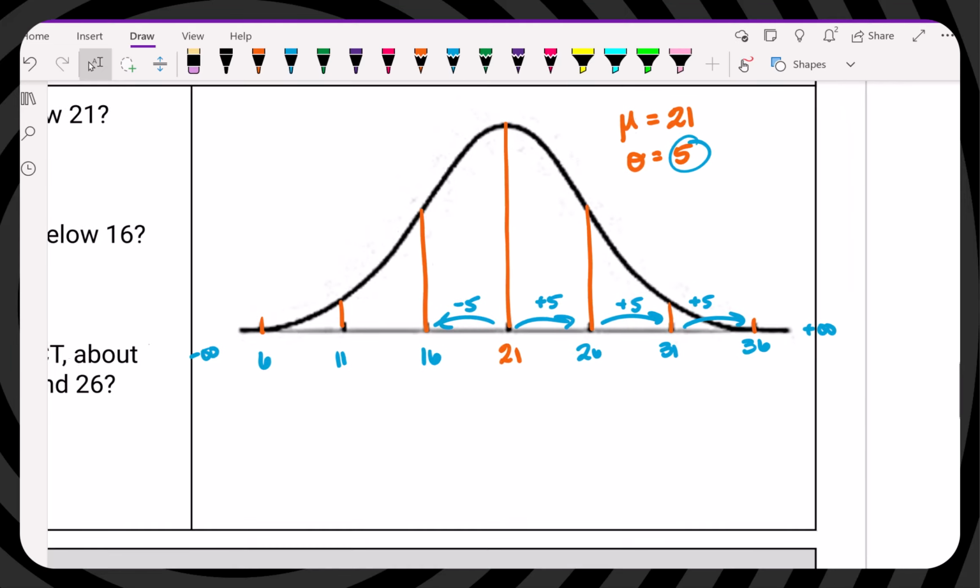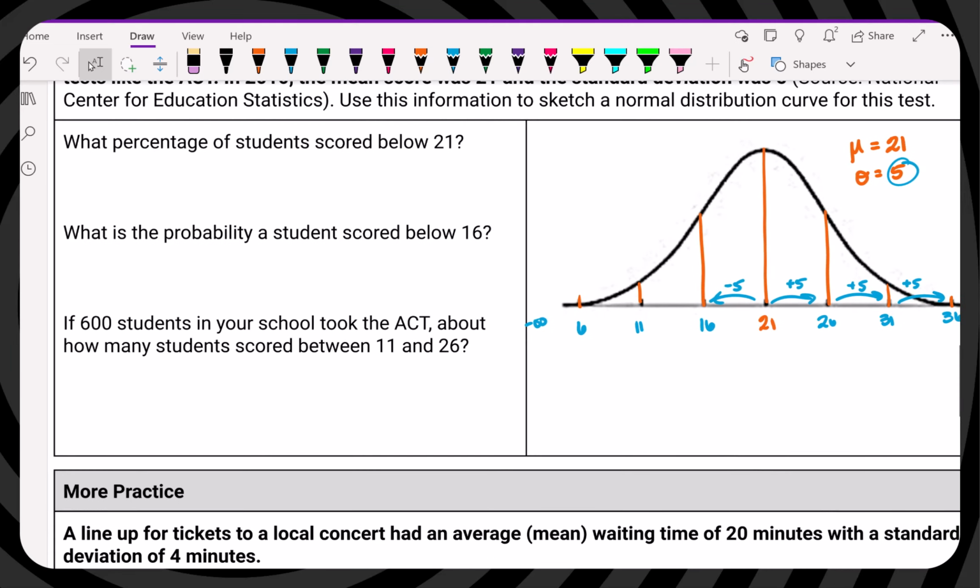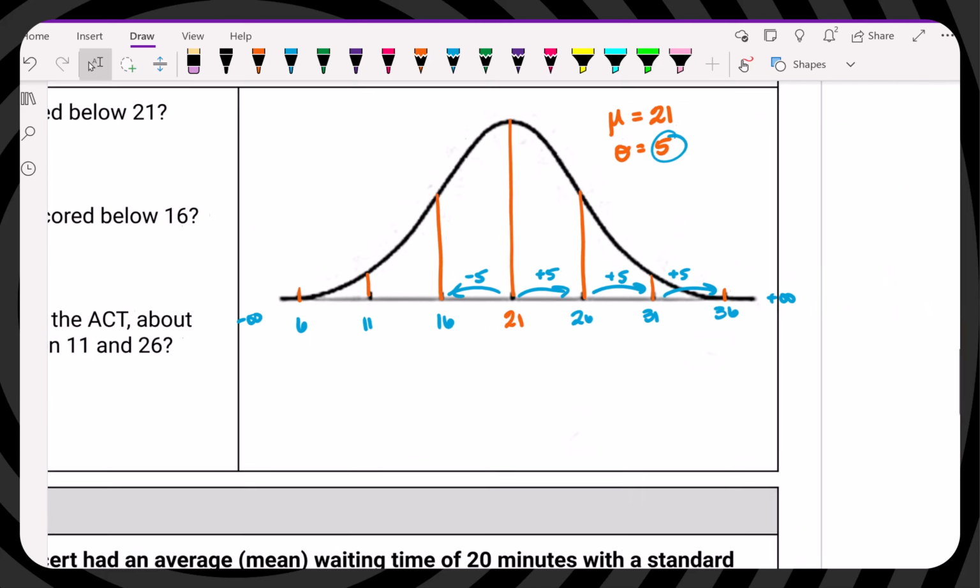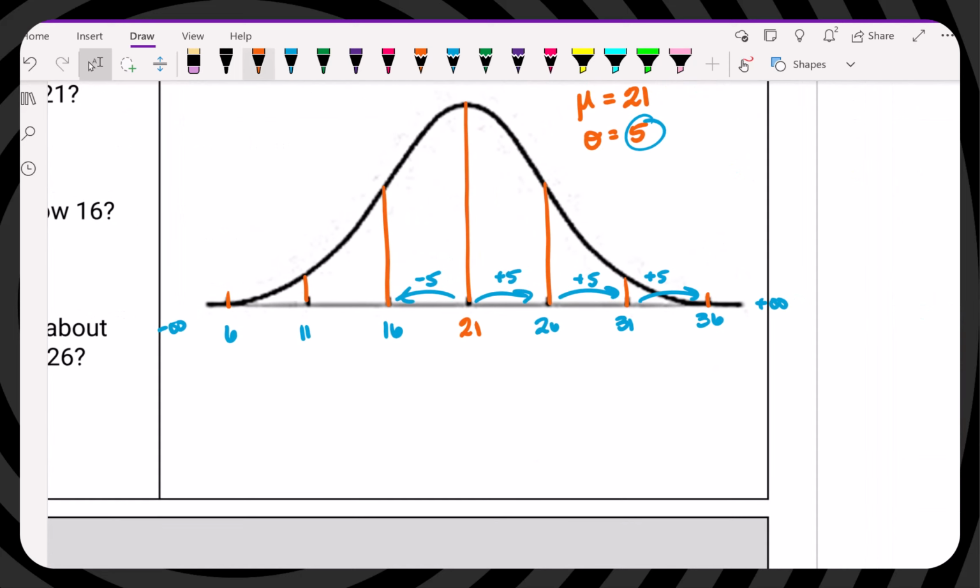Now, question number 1. What percentage of students scored below 21? So if you go over here, just kind of in general, you need to know that your mean is the midpoint of your data. This is symmetric.